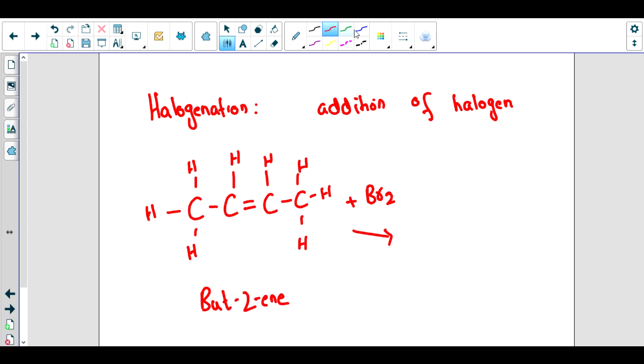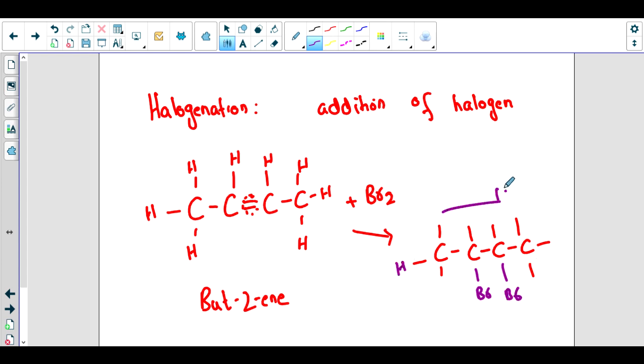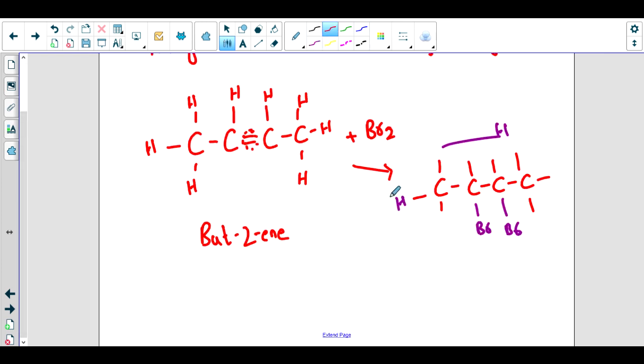Now let's draw the other one, with the hydrogens there. This double bond breaks now. When this double bond breaks, one bromine connects here, one bromine connects here, and these are all hydrogens. This is addition of halogen, so that's why it is called halogenation.